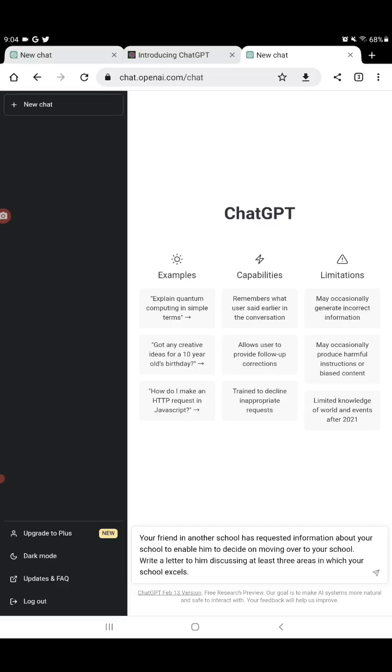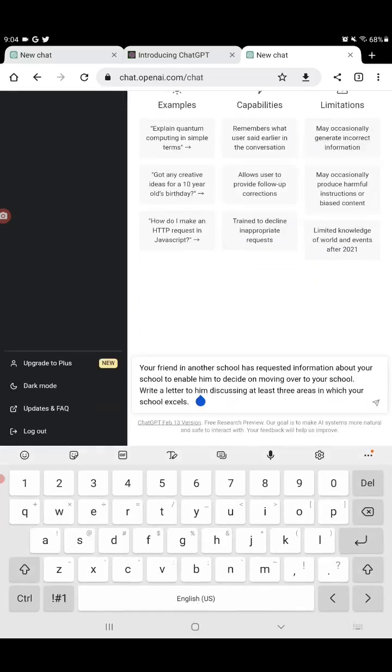So now you are going to edit what you have pasted in ChatGPT. We said write a letter. You edit it: write a letter of 450 words.